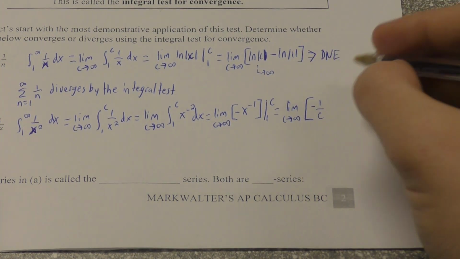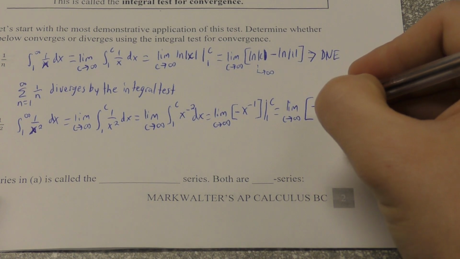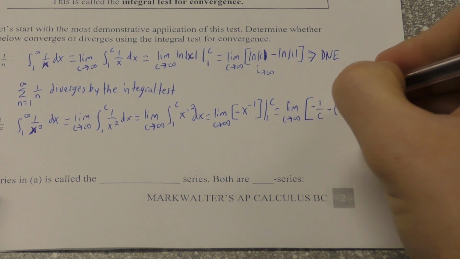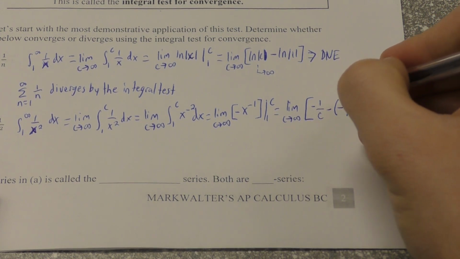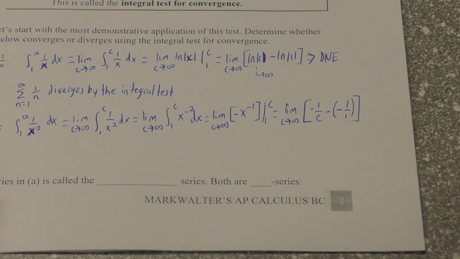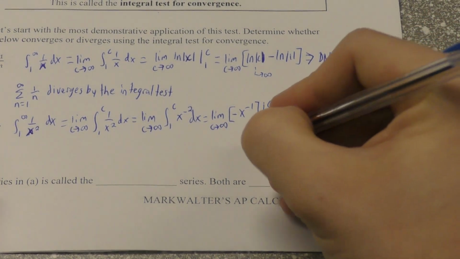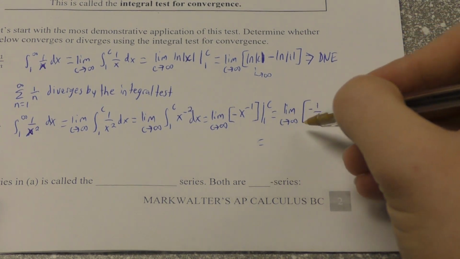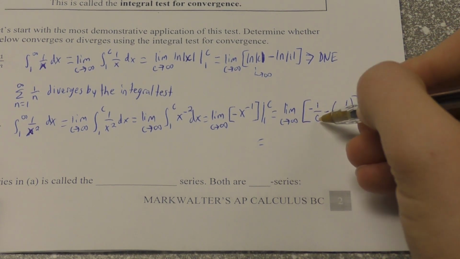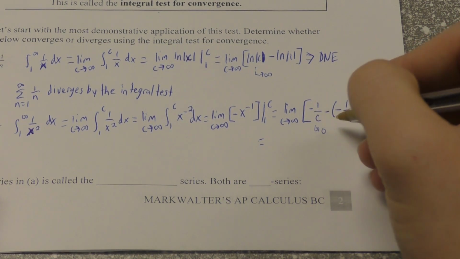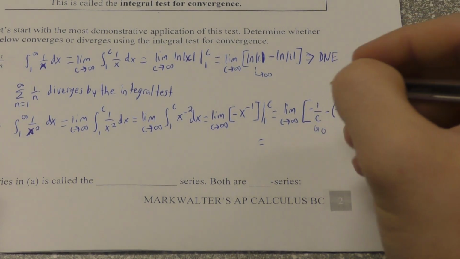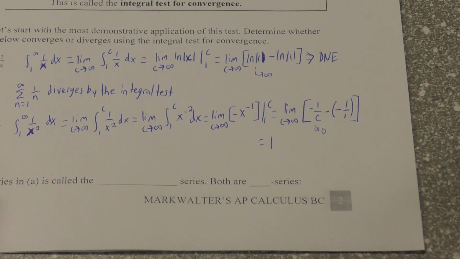When I substitute in 1 there, that'd be minus negative 1 over 1. All right, we have to evaluate that. The limit as c approaches infinity of negative 1 over c is going to go to 0, right? Because the denominator is going to grow. Then I'm going to have 0 plus 1. So my limit here goes to 1.